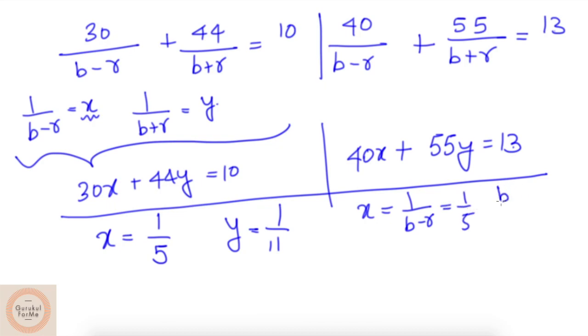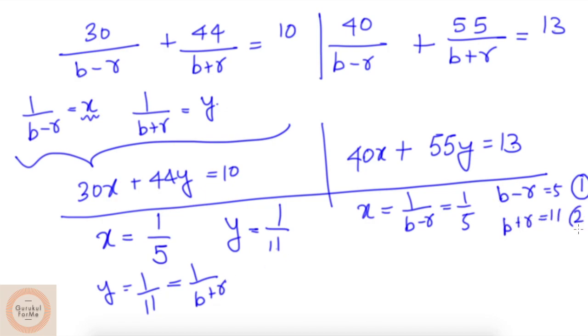So can I say that B minus R is equal to 5? Again, it's equation number 1. And what is y? 1 by B plus R. So I know y is equal to 1 by 11, which is 1 by B plus R. Can I say that B plus R is equal to 11, which is equation number 2?